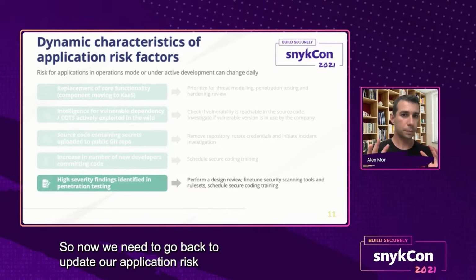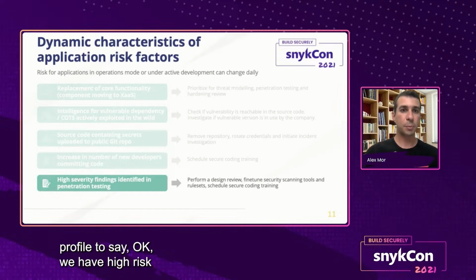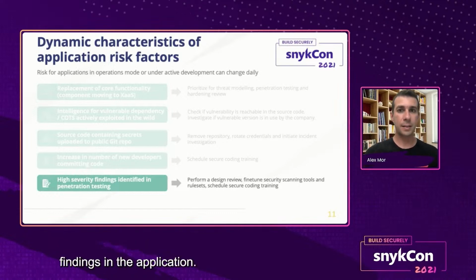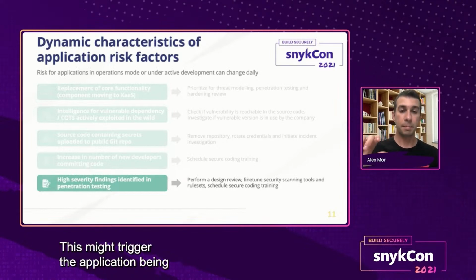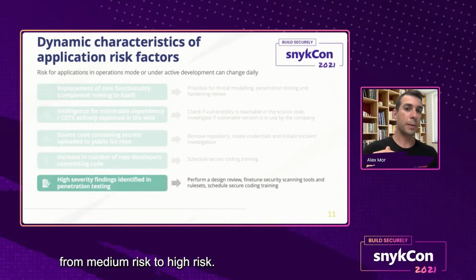high-risk findings. So now we need to go back and update our application risk profile to say, okay, we have high-risk findings in the application. This might trigger the application going from medium risk to high risk.